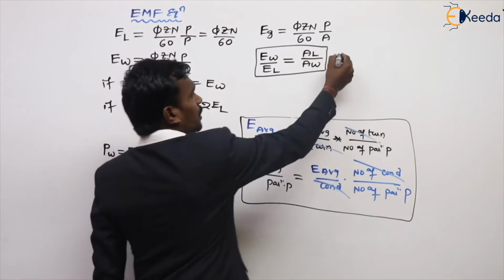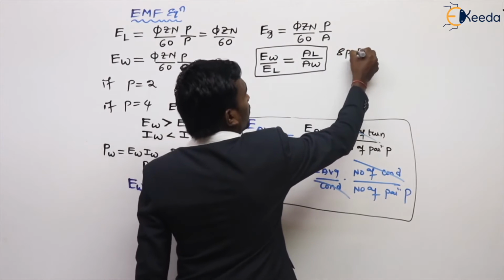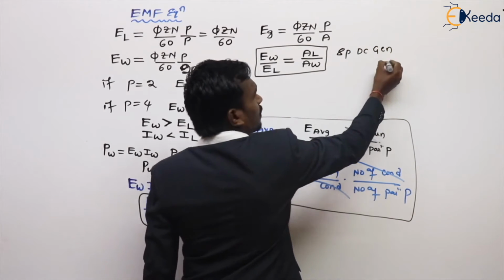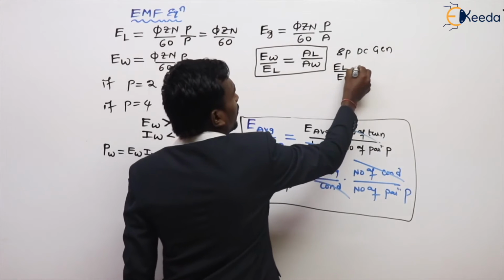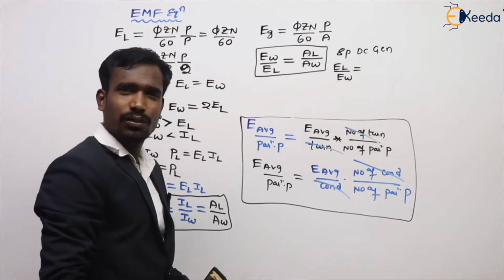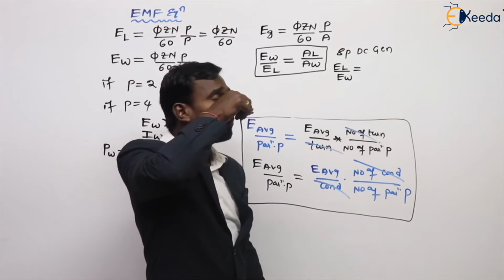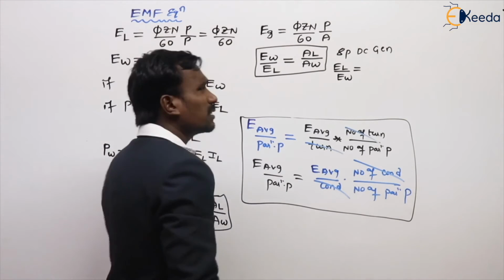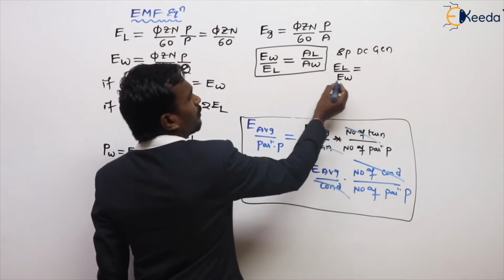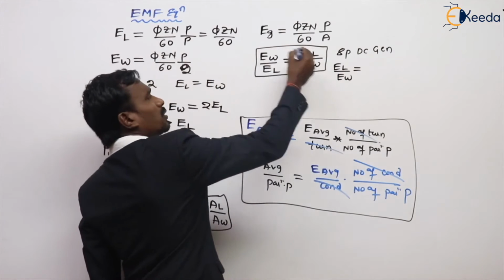They will ask you a question. An 8-pole DC generator: the EMF in lap winding to the EMF in wave winding is equal to how much? What is the ratio of lap winding to wave winding EMF? It's very simple. Don't confuse lap winding and wave winding.